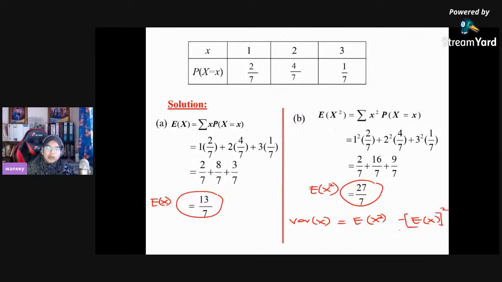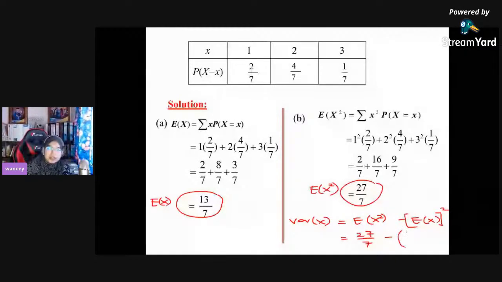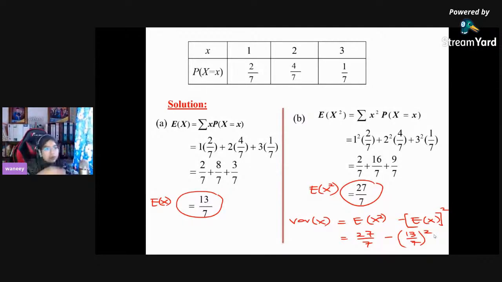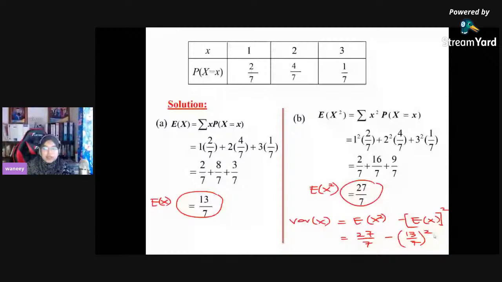So expectation of x square is 27 over 7, minus expectation of x, 13 over 7, squared. So for this one, you must square 13 over 7 first before you do 27 over 7 minus that answer. So whatever you got, that is your variance. So I do feel that I need to go to the slide to get the variance. Okay, so let's go to the next slide.